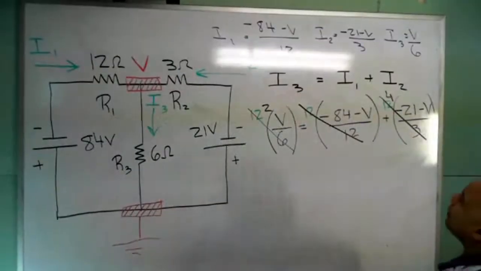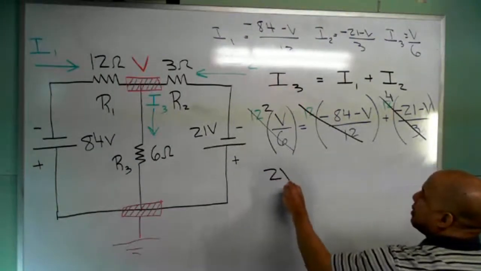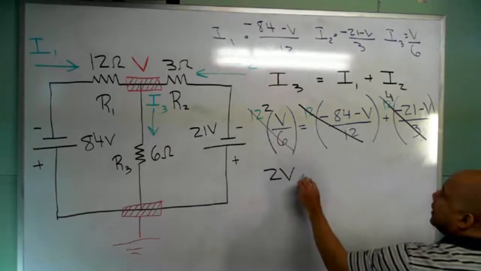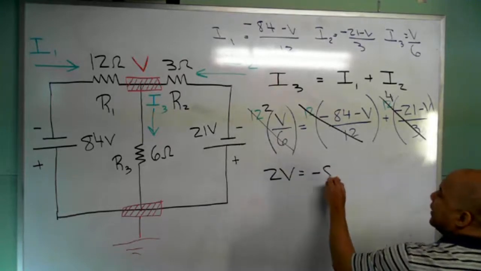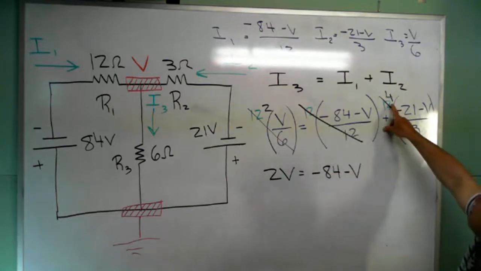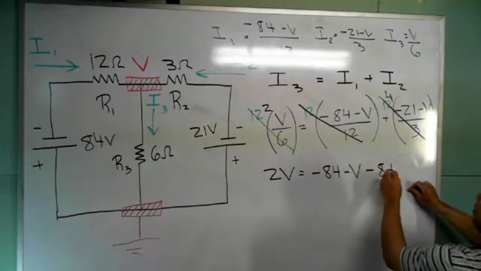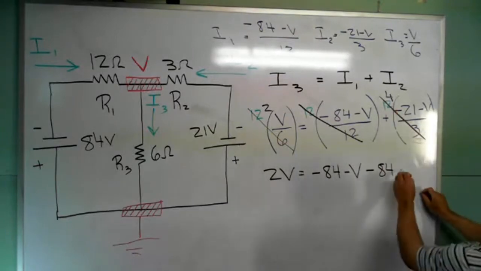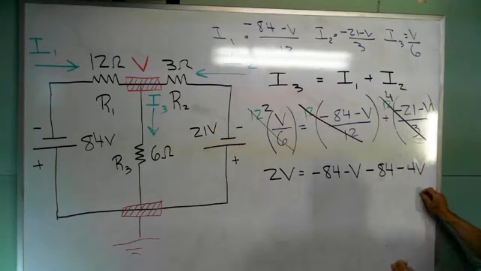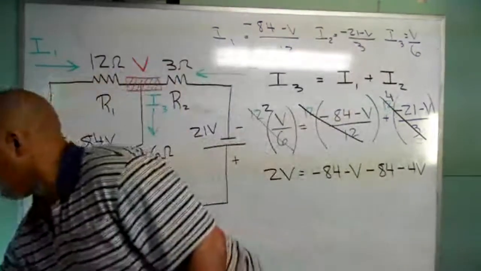All right, so if I clear the parentheses, I get 2V for that one, equals minus 84 minus V. And here I got a 4 times minus 21, that's another minus 84, and I got a 4 times a minus V, that's a minus 4V. So you look at that, make sure I got my arithmetic and algebra right. I think I did. And if I did it right, we have to combine like terms, and then we'll solve that for V.